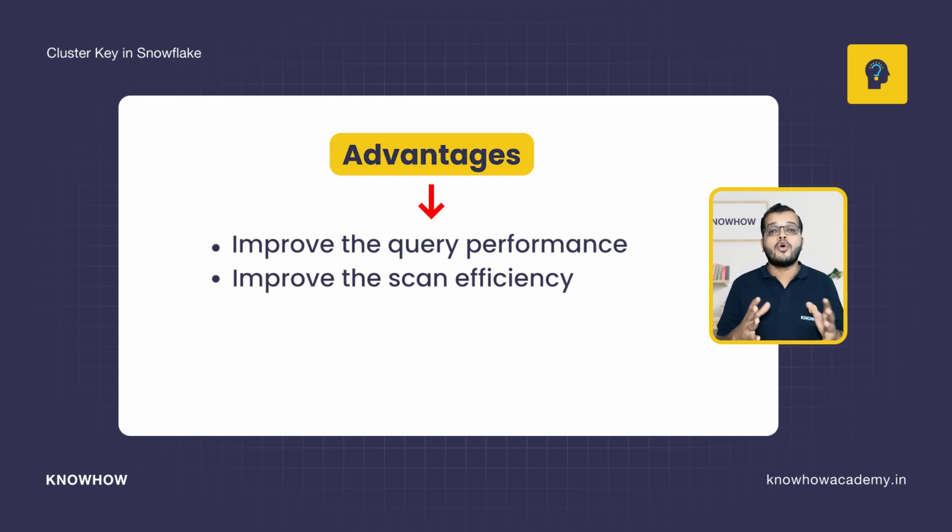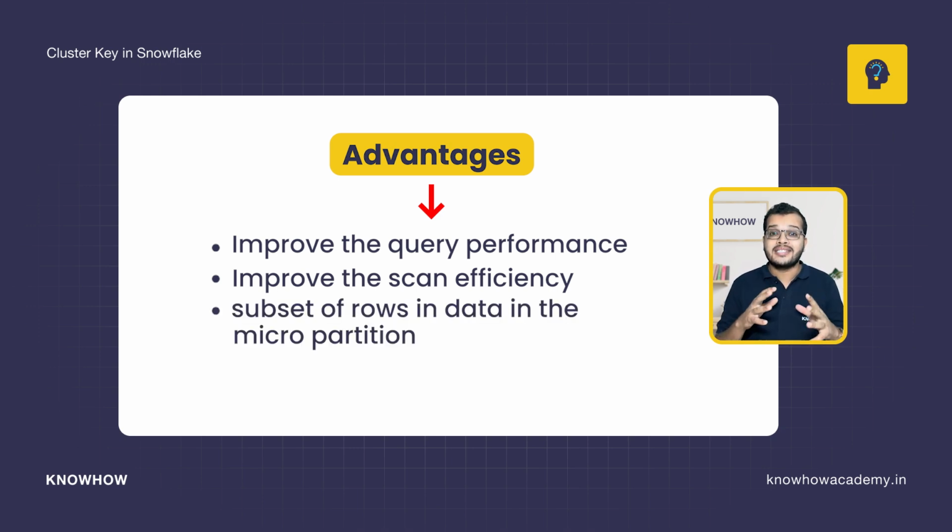It is even going to optimize the data. Another usage is that, based upon the columns that we have in our particular table, it creates a subset of rows of data in micro partitions. It is going to create multiple partitions. So these are the different advantages that we have with the cluster key.